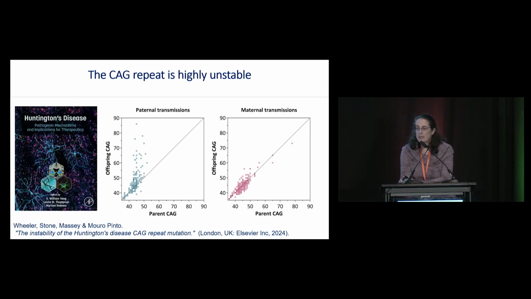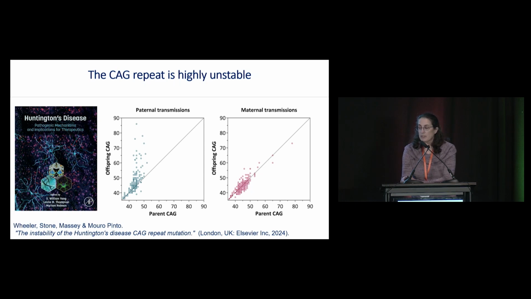So the CAG repeat length is highly unstable, as we know, and I just want to plug a chapter that we contributed to in this book on Huntington's disease, which also has a lot of other chapters about all aspects of the disease, so it's very interesting to read. The chapter we wrote was about somatic instability, or instability in general.